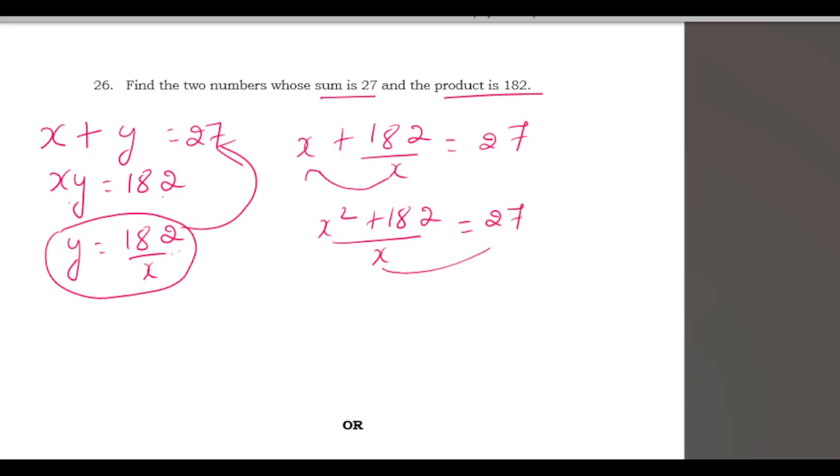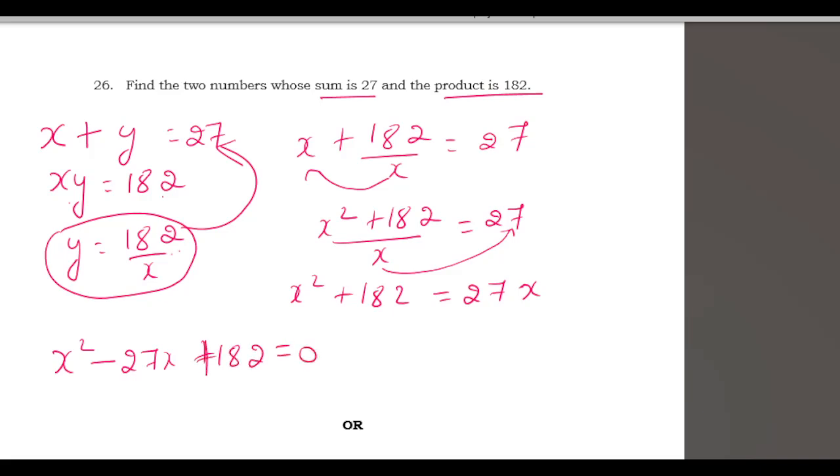Now send the denominator to the right side. It becomes x square plus 182 is equal to 27x. Write it as a quadratic equation: x square minus 27x plus 182 is equal to 0.